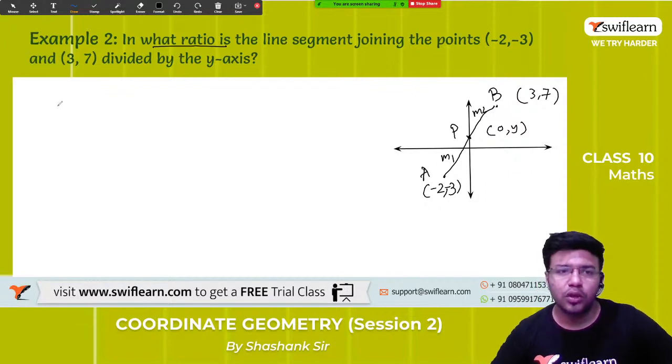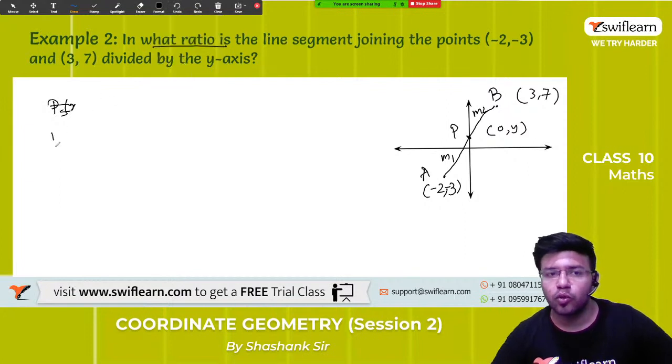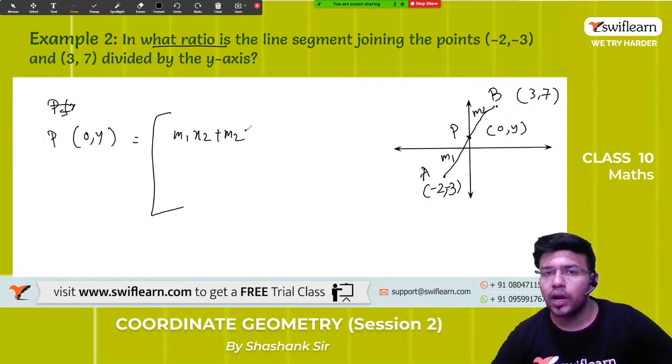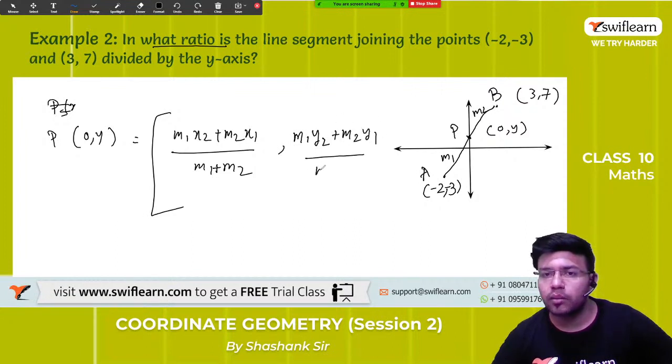So coordinates of point P, 0, y, which we need to find out, is given by m1 x2 plus m2 x1 divided by m1 plus m2, comma, m1 y2 plus m2 y1 divided by m1 plus m2.